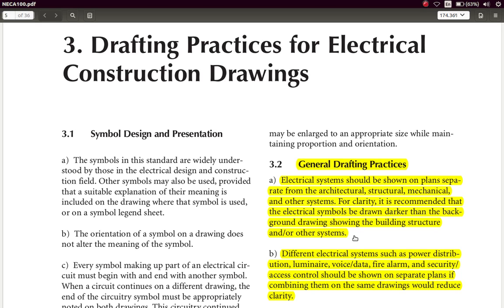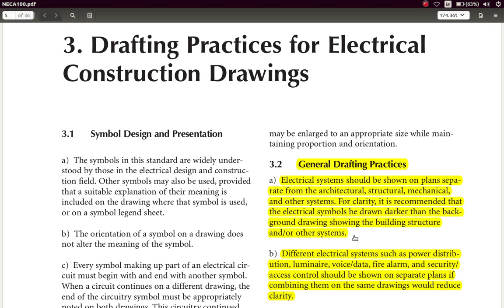However, you should show things like windows, doors, outline of furniture, and so on. But those should be light in terms of the shade.